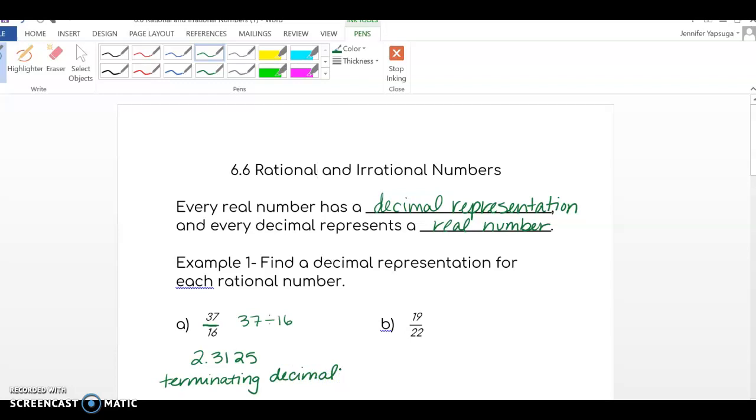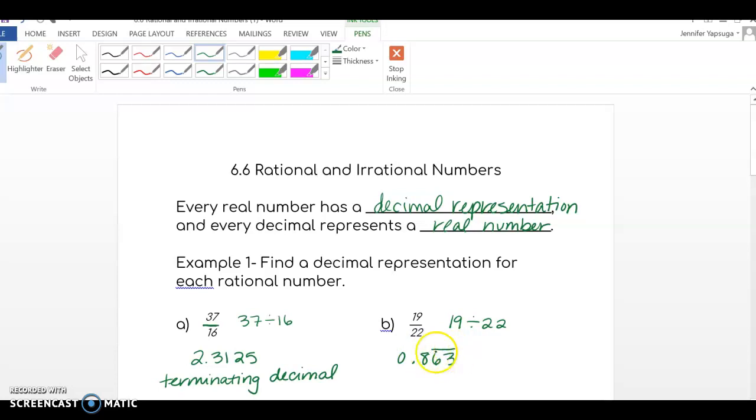Alright, so go ahead and pause the video, and then you can do B on your own and then check. Alright, so just like the other example, you can divide 19 divided by 22. And you should get an answer of 0.863, and then the 6-3 repeats across the screen.